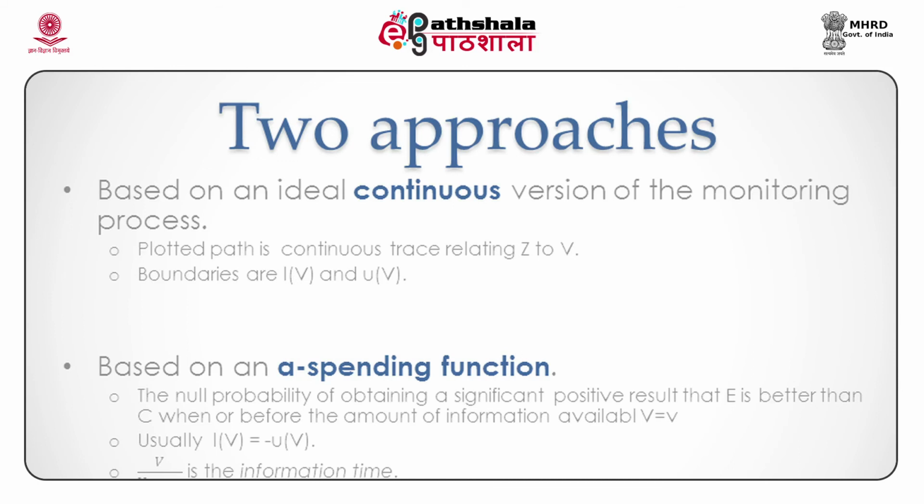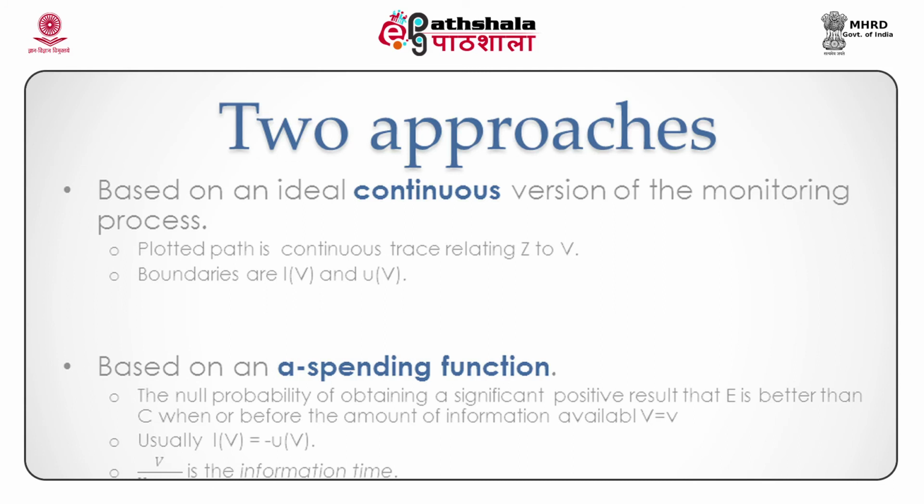Now, we usually assume symmetry, that is L of v is equal to minus u of v, and the ratio v over v max is usually referred to as the information time. For the continuous implementation, in practice, when we have several discrete looks at the data, it is necessary to make adjustments.